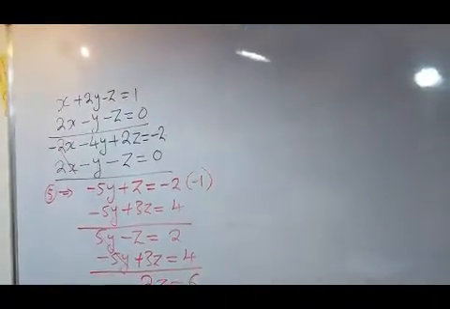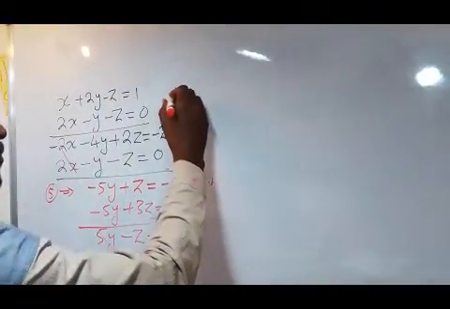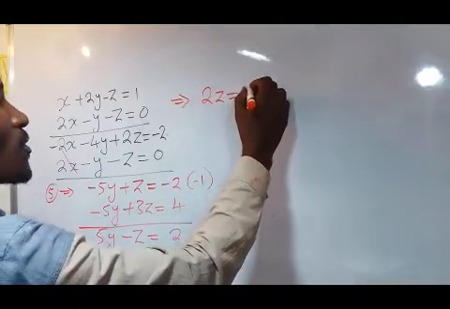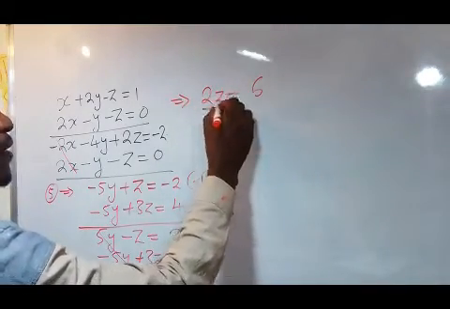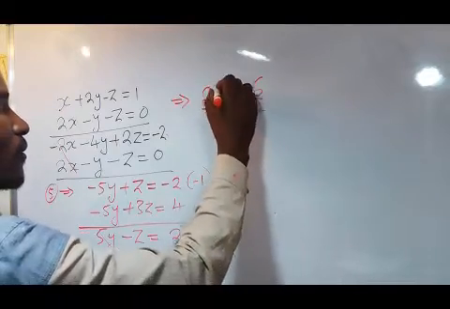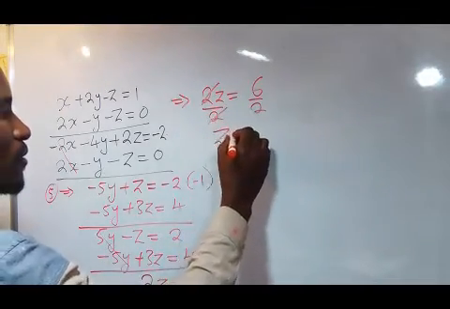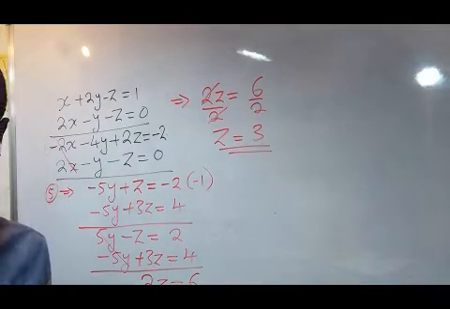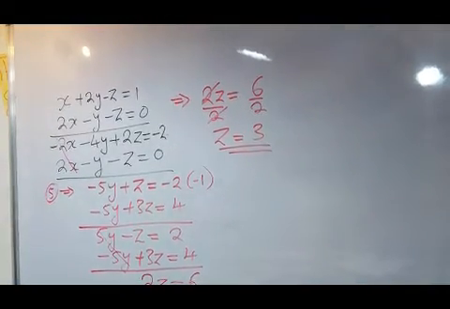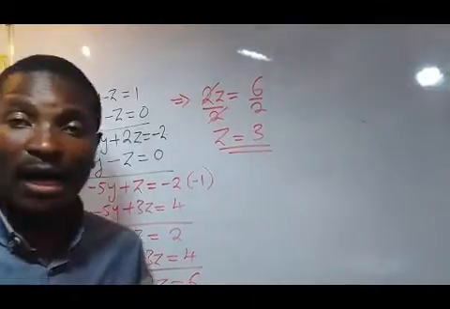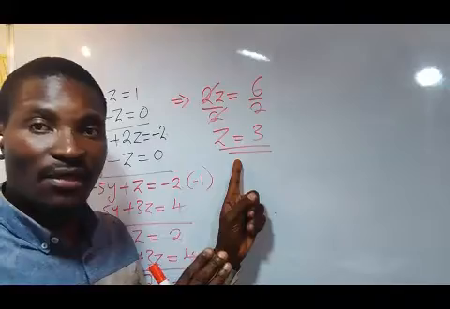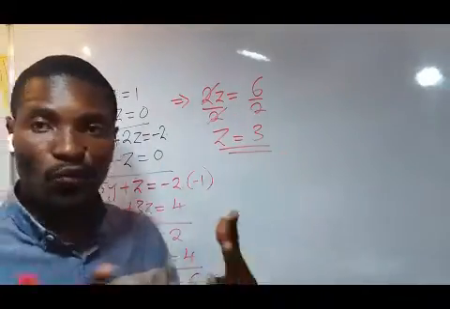So if that is the case, 2z equals 6. Divide both sides, then z equals 3. That's the value of z: z equals 3.